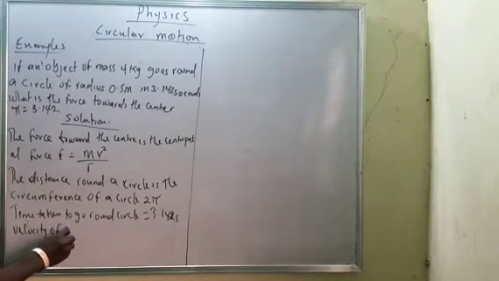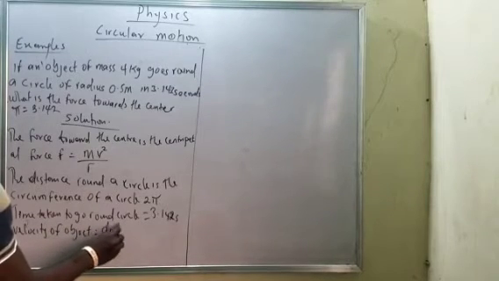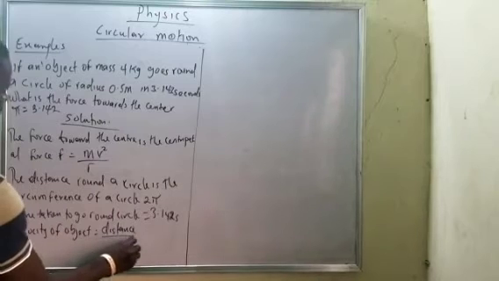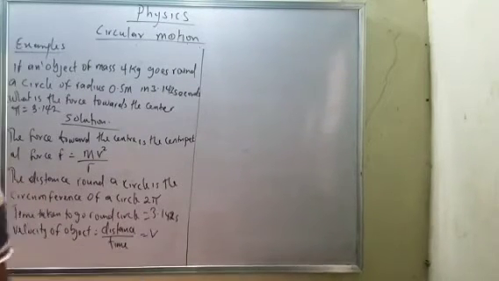Now I can ask you what my velocity of the object equals to: distance divided by what? Time, which we all know as v.